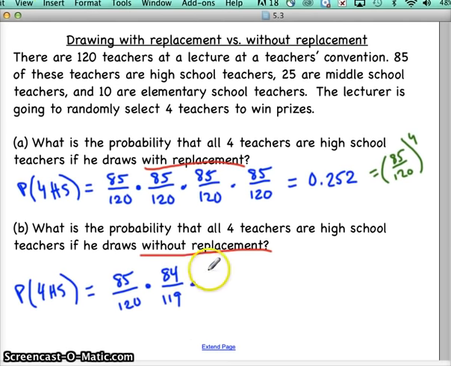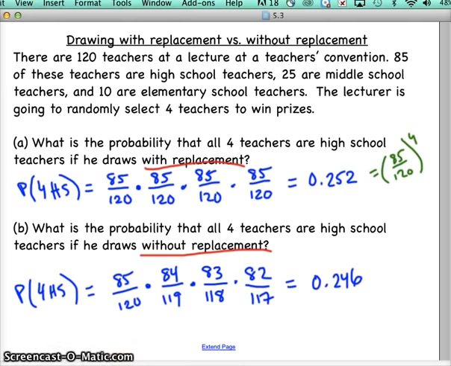And now the third time there's only 83 high school teachers and 118 total left. And we're assuming this is a high school teacher, this is a high school teacher, this is a high school teacher. So that means there's only 82 high school teachers left, and there's only 117 total cards left in the hat. Multiply all that together, we get 0.246.